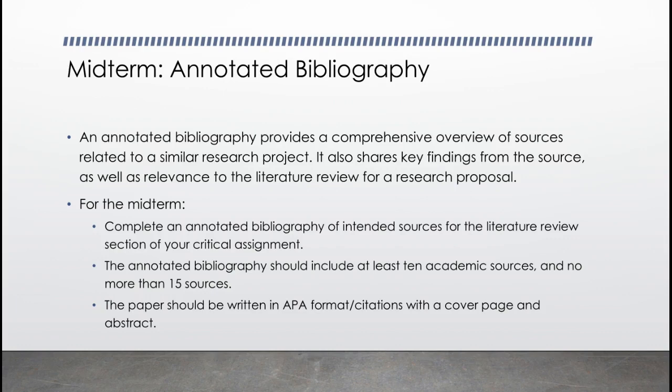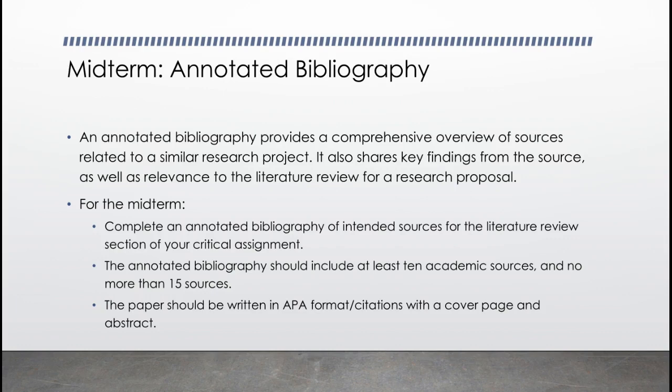You can also take some of the sources you used for your research activity number 3, which was that annotation worksheet. And if some of those sources were approved from me also, you can just take that information and begin to work on those for your annotated bibliography. So it's safe to say that you should already have within your purview at least 10 sources that should work for what your research topic is.